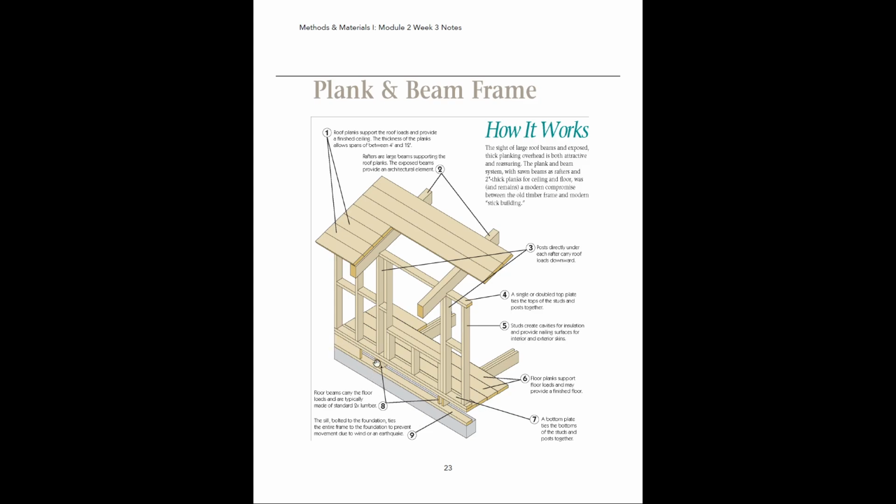We have floor beams here, number 8, and think of these as basically your joists in a house. So you have these beams that are doubled up, and these are made of standard lumber, and these are supporting the floor, which is made of a series of planks, and then the roof here is also made of a series of planks, right?